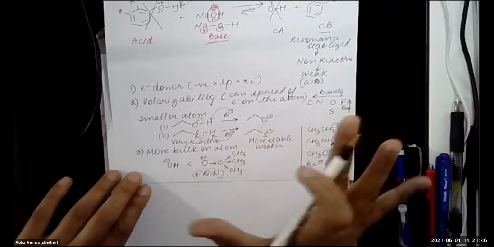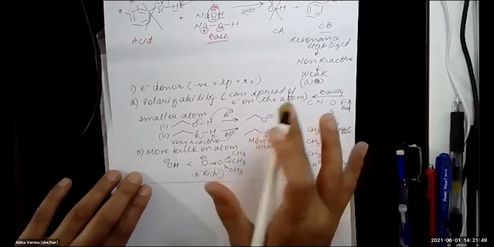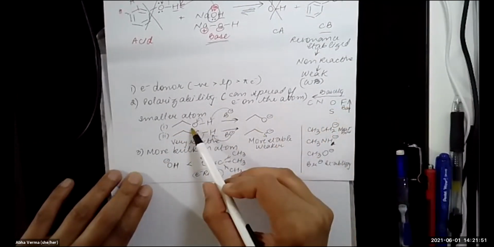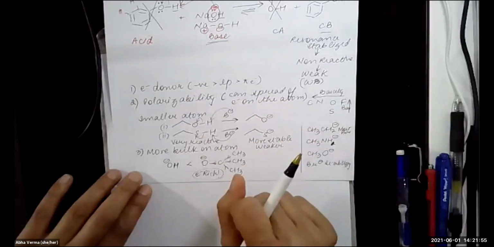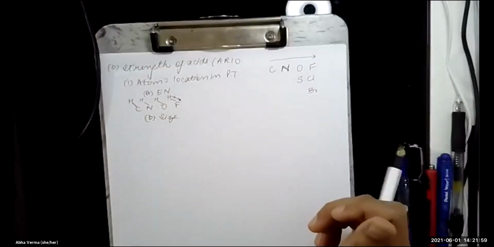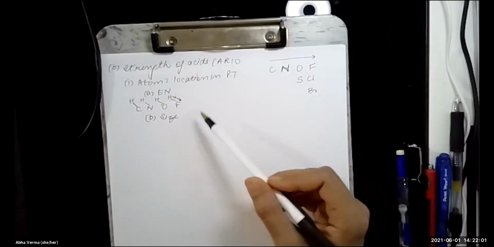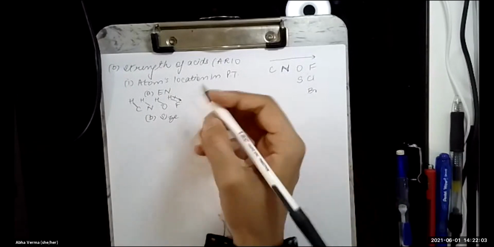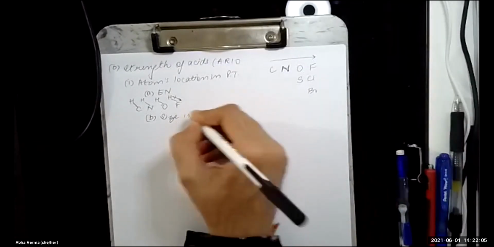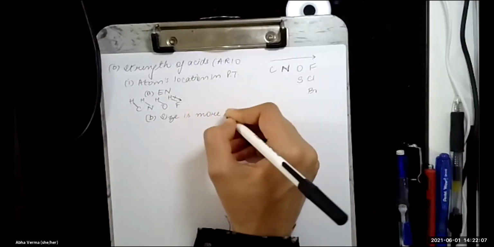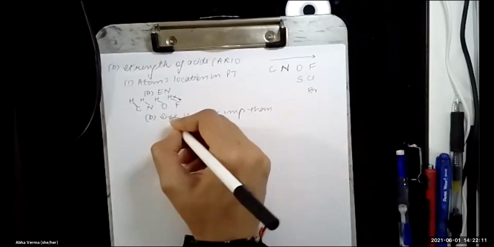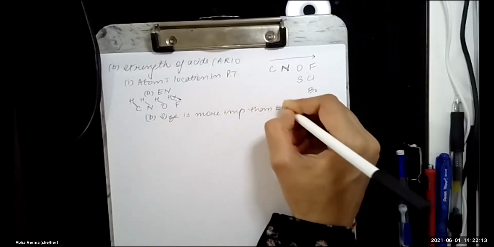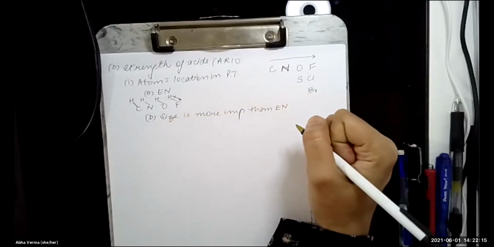If this is not very stable, its starting acid would also not be very reactive, just okay reactive. So size down the column will be more important than electronegativity. EN just depicts electronegativity.